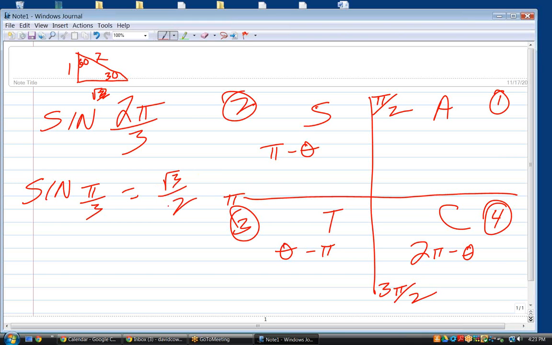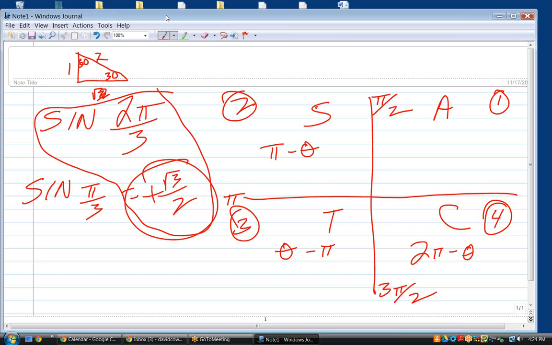Now the very last step is to attach a plus or minus sign to that. Well, in the second quadrant, is sine positive or negative? Positive. There's your answer. So the sine of 2 pi over 3 is equal to that.